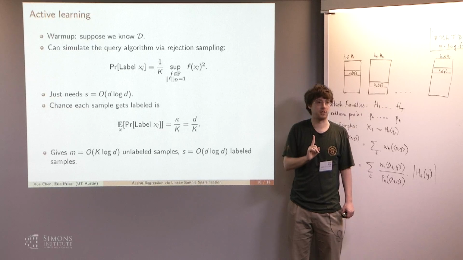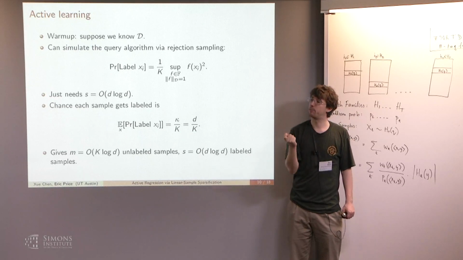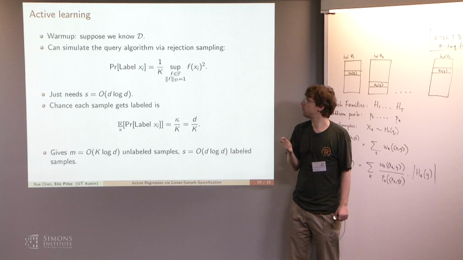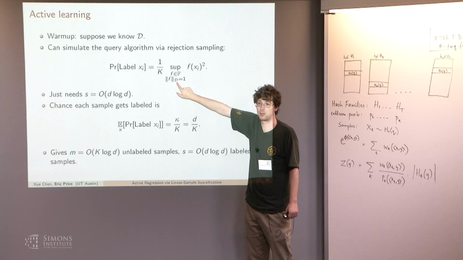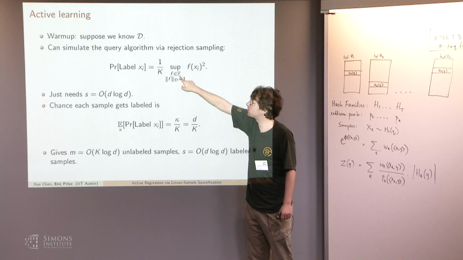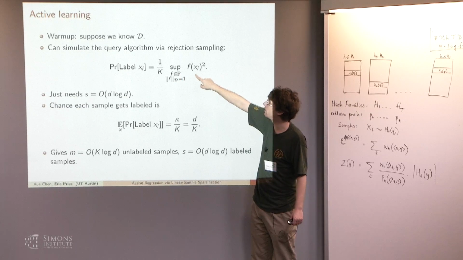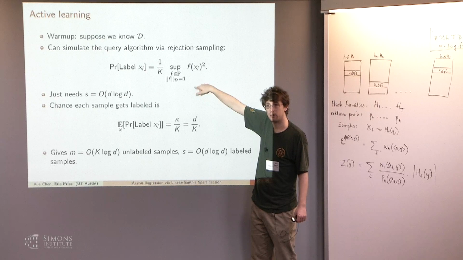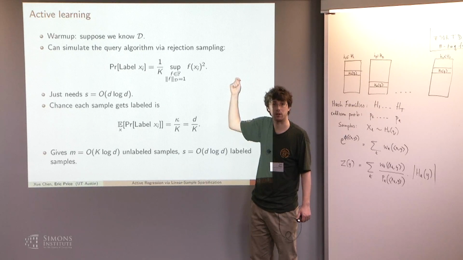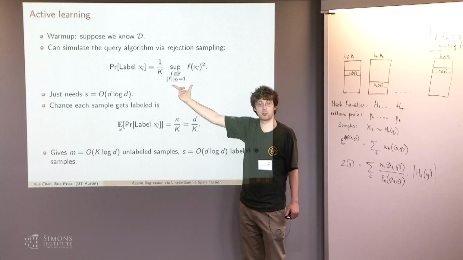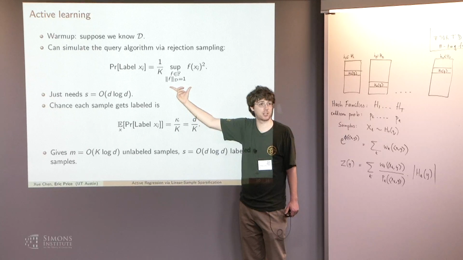The only place where you use the distribution is to decide the probability of sampling, and the distribution appears right here: we look at all functions in our class and we take f of x squared divided by the expected value of f of x squared under x from our distribution. That means all we need from the distribution is to be able to estimate the norms of functions in our class.